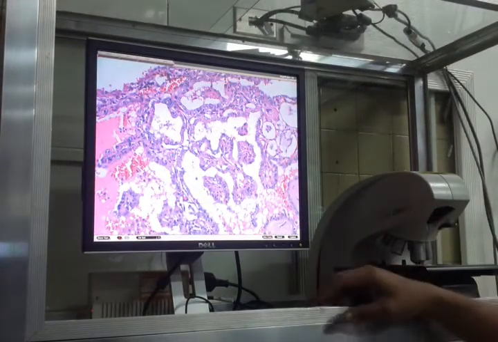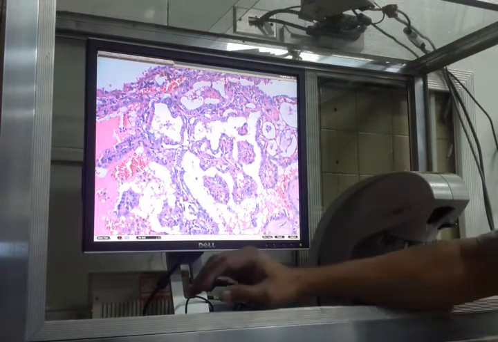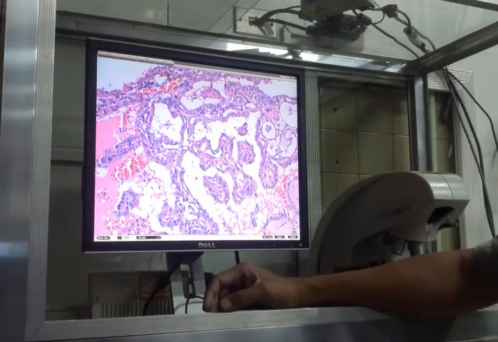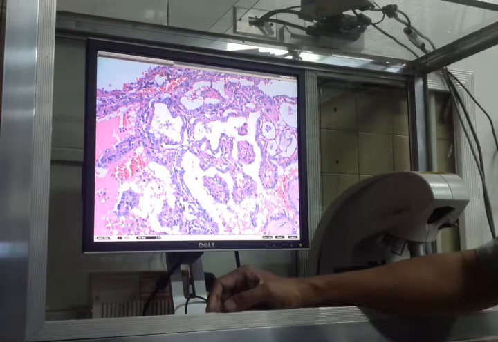You have a fibrovascular core here. And the neoplastic cells, supposedly coming from the lining of the thyroid follicles, are lining the fibrovascular cores. Here. Okay? Ito yung lining epithelium mo. Ito yung fibrovascular core mo. That's the papillary pattern.